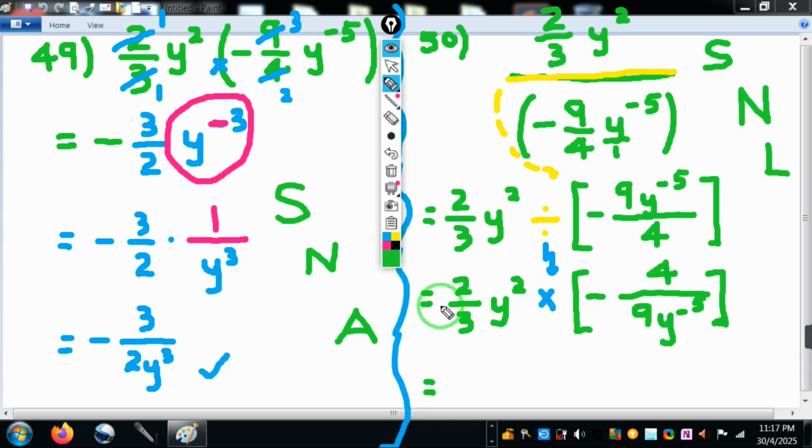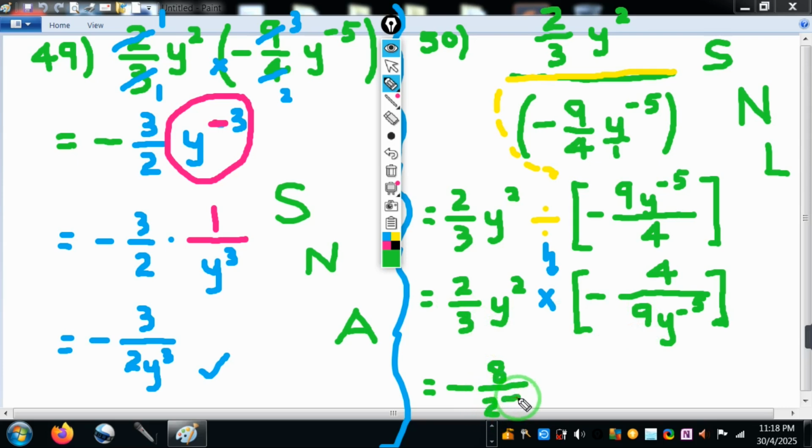So let's go. Sign, positive here. Not that means positive times negative. So the answer is negative. 100% correct. Numbers, can we take care? Can we cancel 2 and 9? Cannot. Can we cancel 3 and 4? Cannot. So we have to multiply upstairs. 2 times 4 is 8. So we multiply or times downstairs. 3 times 9 is 27. So numbers taken care of.